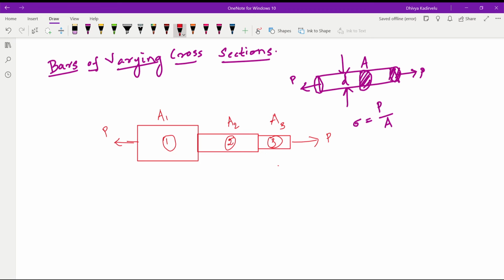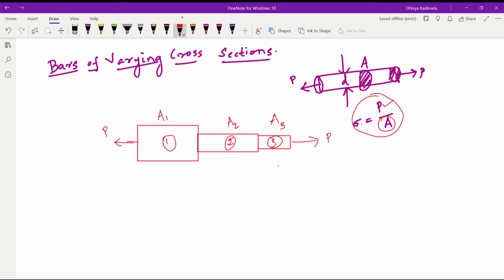And we have the question: does the stress vary from section to section, from the first portion to the second portion? Absolutely, the stress value will vary from section to section, because from this equation we can see the stress value depends upon the amount of load and the value of the cross sectional area.